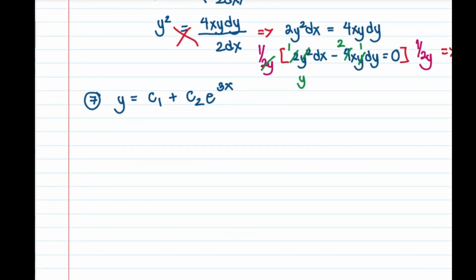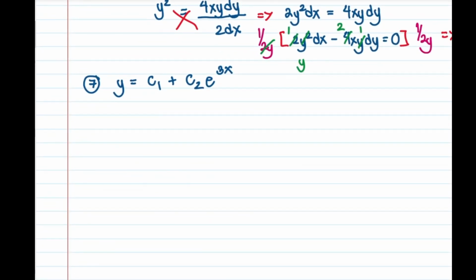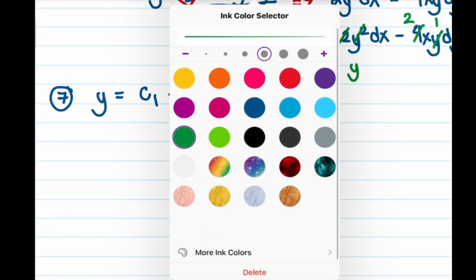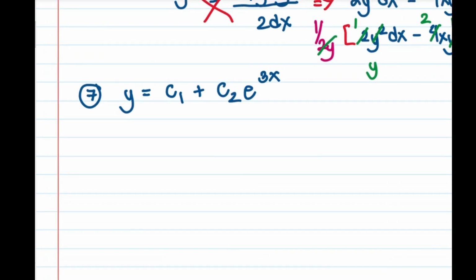So next, let's have this one. So y is equivalent to c1 plus c2 e to the 3x. So this one is similar to the problem that we have before. So first is we will get the first derivative.